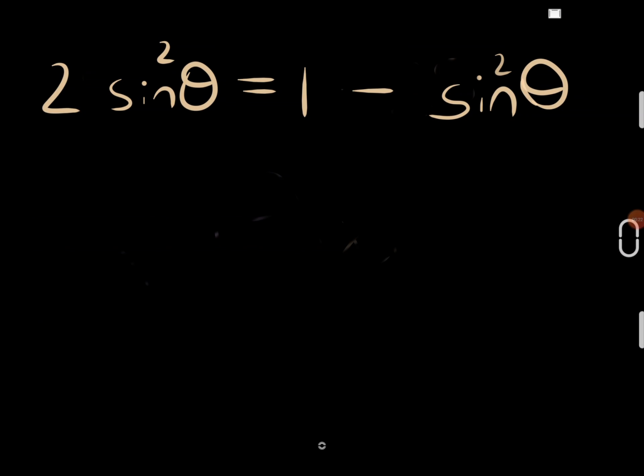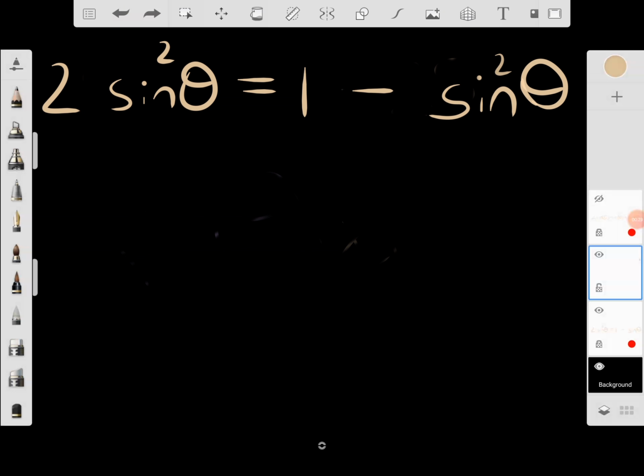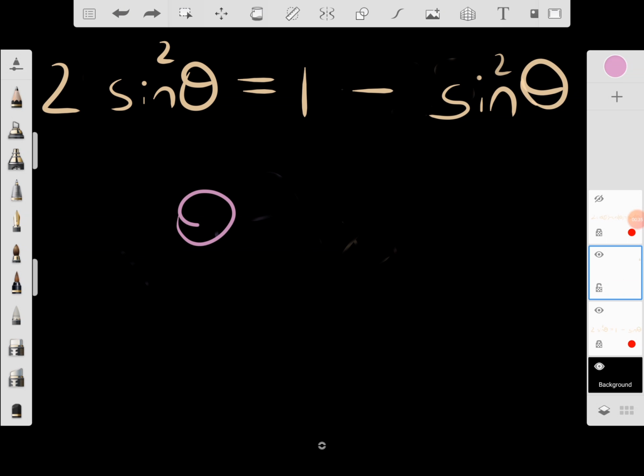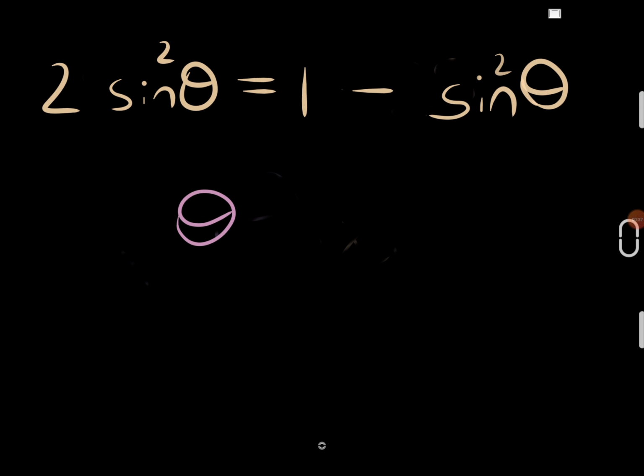Now we should understand that theta is a variable here. Let me change the color. Theta is a variable right here, because we don't know what it is, and anything that we don't know we take it as a variable. Now then I'm applying sine upon it, right? Now what is sine?